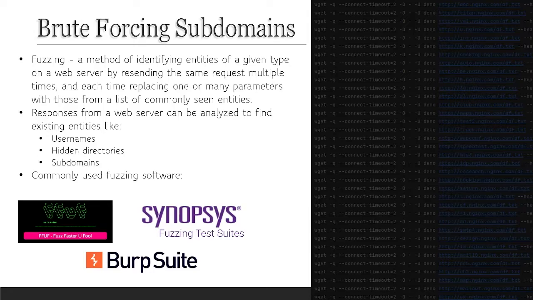So, for example, if a hacker were to send the same login request to a web server 1,000 times, each time with a different commonly seen username, they might get back 999 responses that each took 84 milliseconds, and one response that took 105 milliseconds. They can then assume that that one outlier is actually an existing username and begin targeting that user specifically.